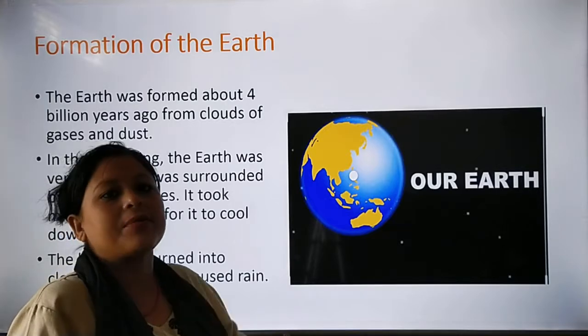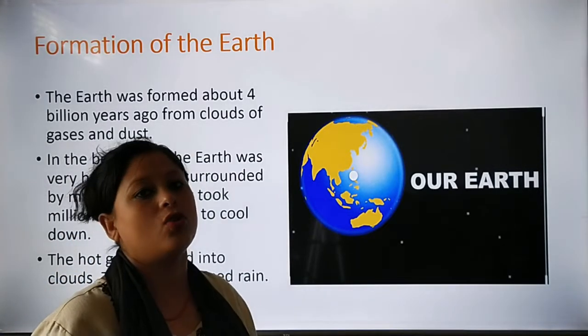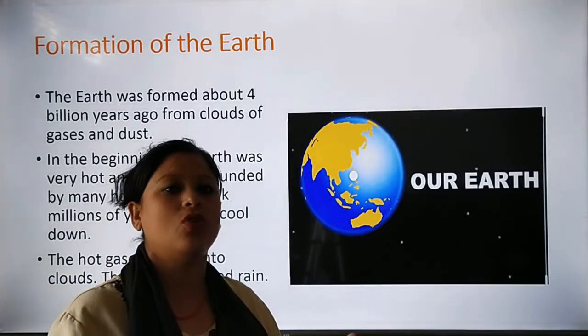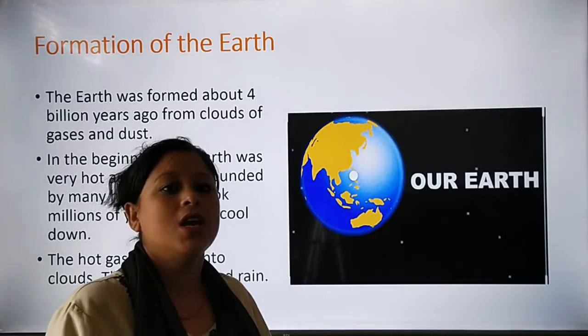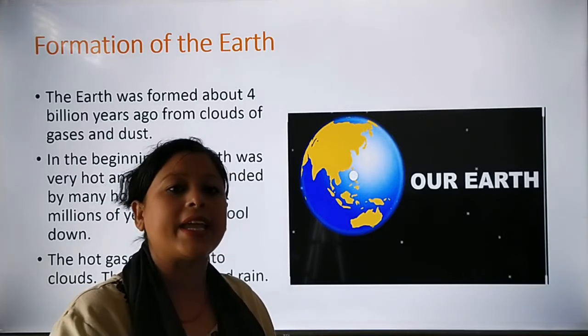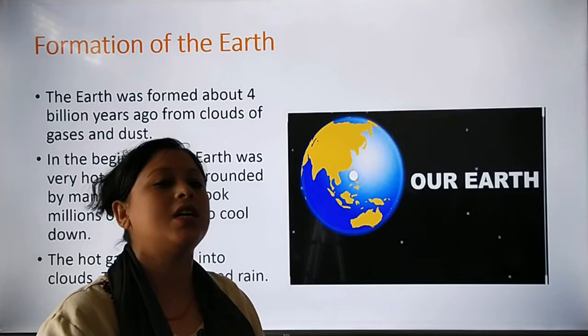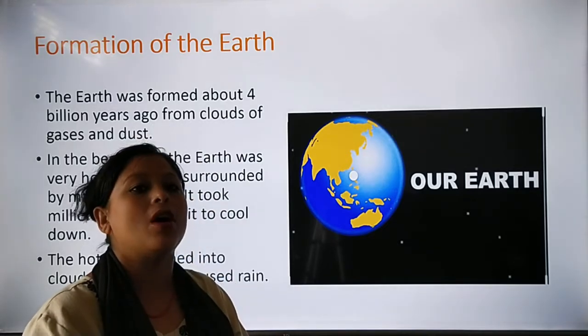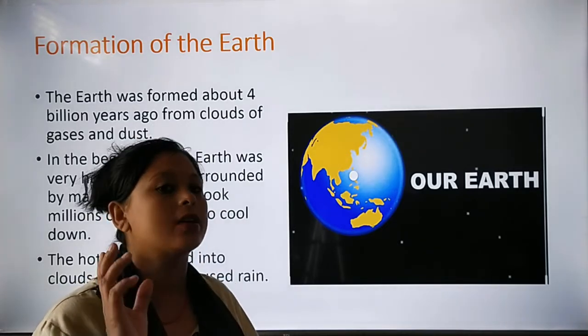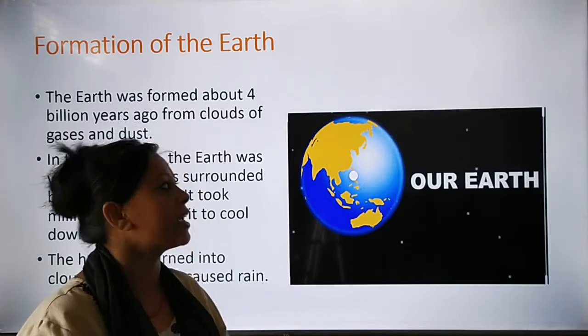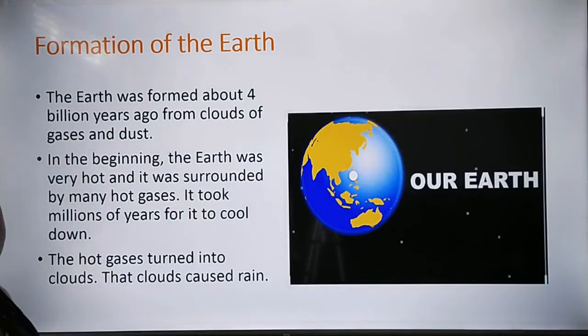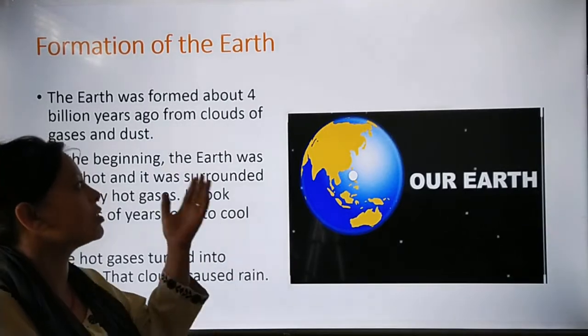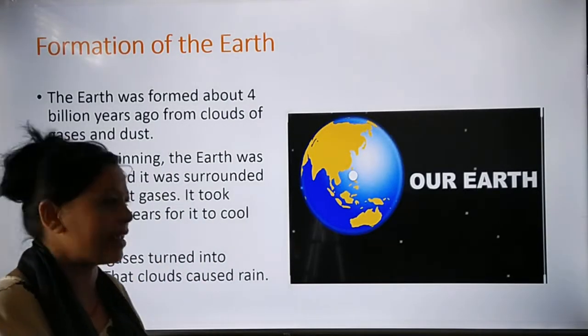So at that time there were no living things, no human beings, no plants, no animals. So at the beginning, when the earth formed, it was only clouds, dust and gases.